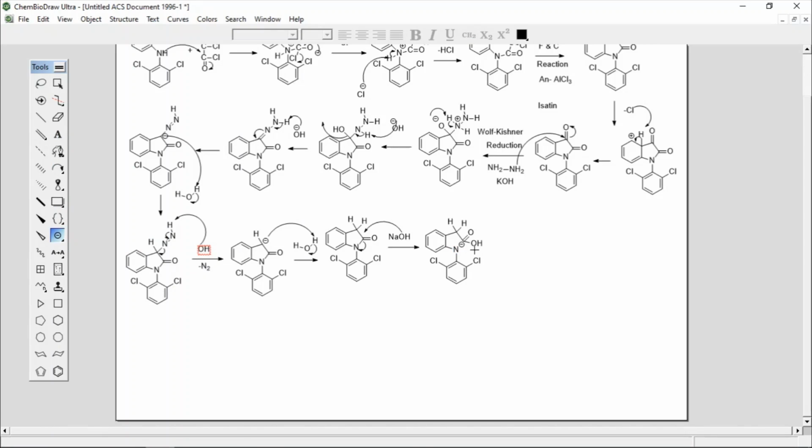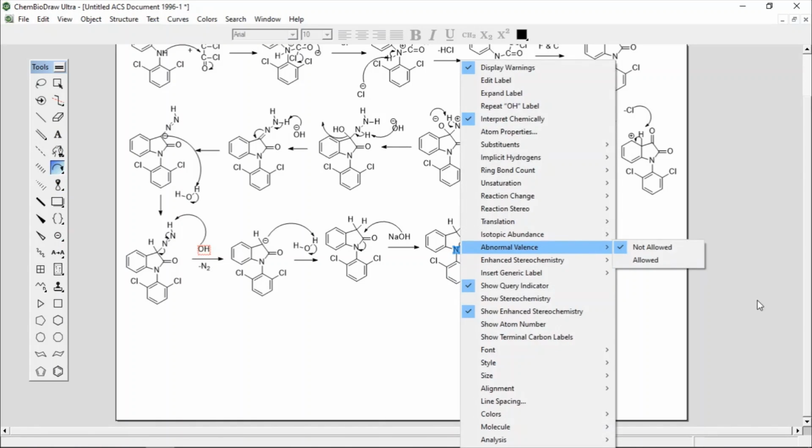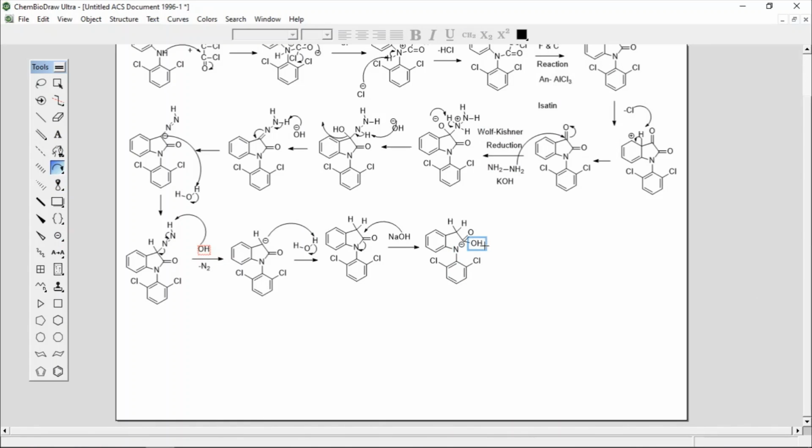This N minus takes this hydrogen, and it will convert to NH, and there will be the negative charge on this nitrogen. Sorry, there will be a negative charge on this oxygen.